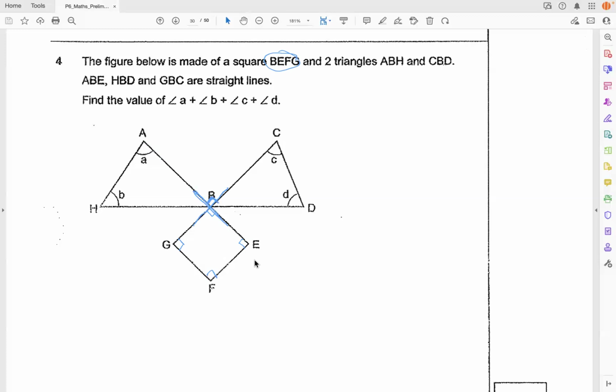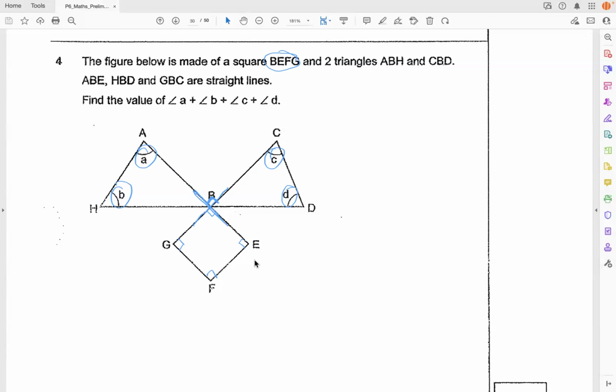Now, question is, what is A plus B plus C plus D? Now, I give you a hint or some tips. Whenever a question asks you for an answer that involves a sum of multiple angles, chances are you need not find the individual angles and add them up together.